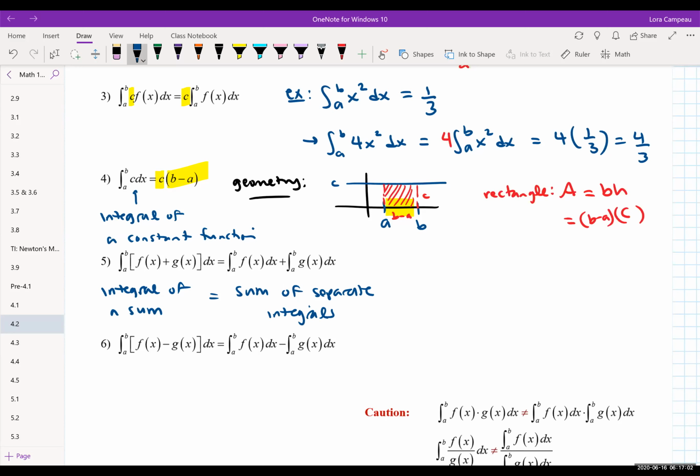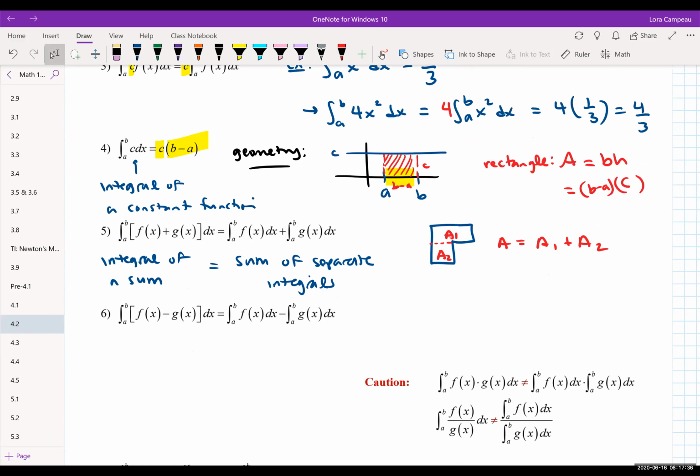And very much like geometry, the way I like to see it, if we are relating this to area, remember when we had some odd shapes, a lot of times you could break them up into two recognizable pieces. You would think, okay, this is the area of the first one and the area of the second one. The total area would be the sum of the two separate areas. So same idea.